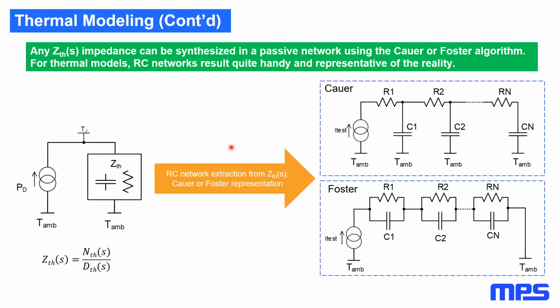At this point, all that needs to be done in this SPICE simulation is to estimate the power dissipation at simulation time, which means time step by time step, and then feed this value into the equivalent thermodynamic model that is basically the thermal impedance. This will result in a voltage which actually represents the junction temperature.